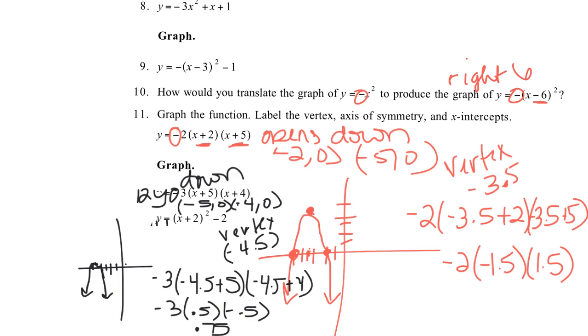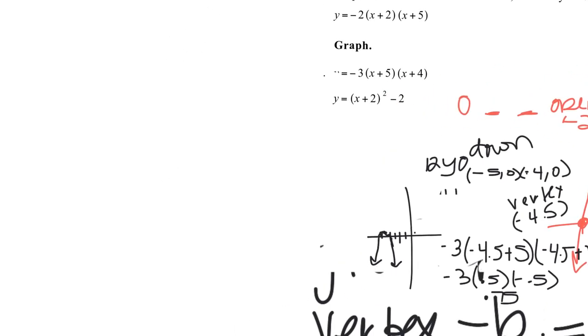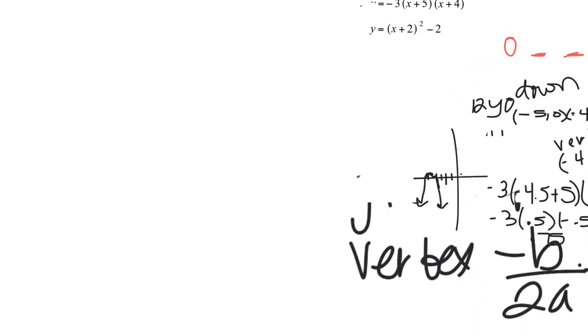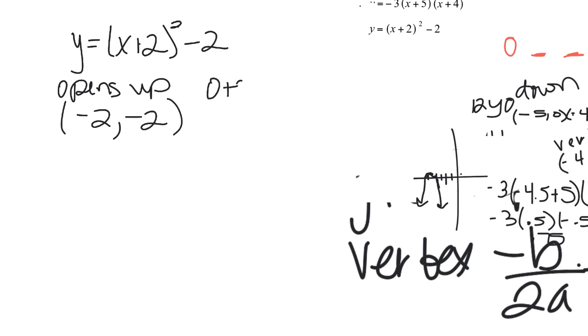And then number 13 is kind of lost around here. Let's see. y equals (x plus 2) squared minus 2. It opens up at a vertex (-2, -2). And then if I plug in 0, let's see, 0 plus 2 squared minus 2.